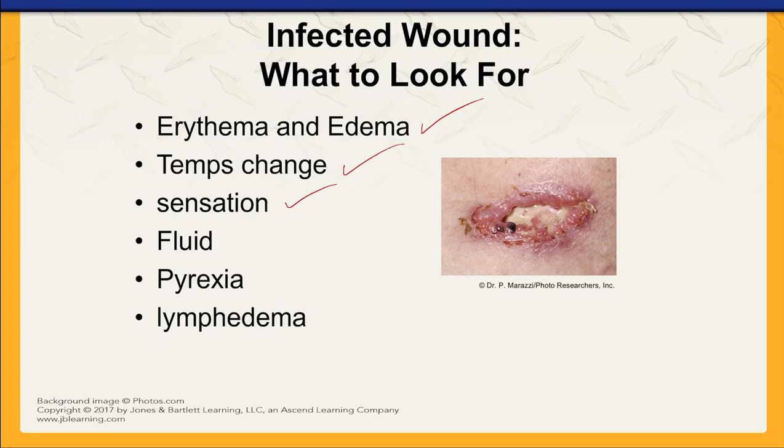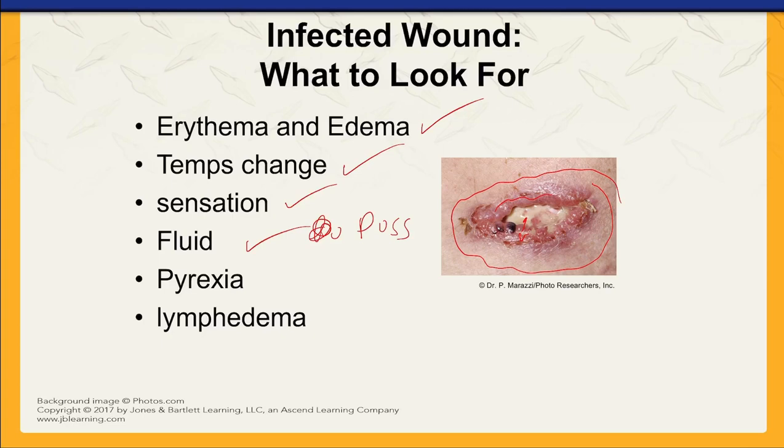In addition, there's probably fluid or some type of pus being discharged, and you can see that over here. There's some discharge of pus from there. You can see the erythema over here. Also, you can see general edema and inflammation around the margins of the wound.